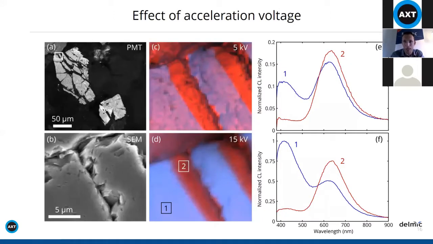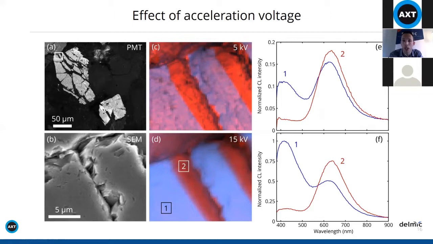So this is again a similar example, but this is just to show the effect of acceleration voltage. We again have a cracked grain, but we have done the experiment at 2 different acceleration voltages, 5 kilovolts and 15 kilovolts. And you can see the difference. At 5 kilovolts, you see much more surface topography in detail, so the spatial resolution is higher, and you're more surface sensitive.